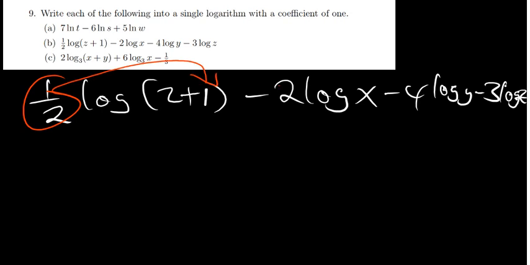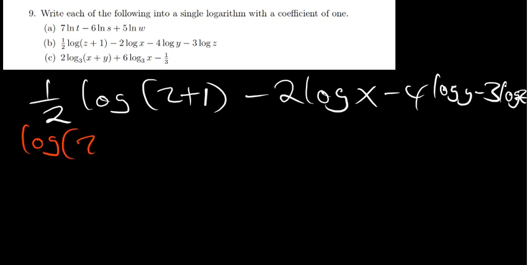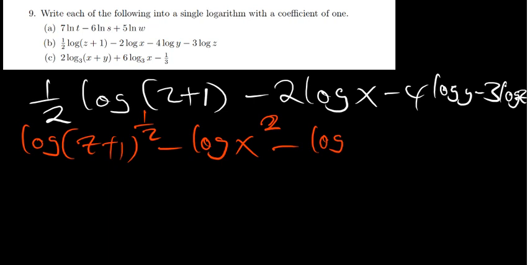They have to be on top there. They have to be now the power. So I'm going to say I have got log z plus 1 raised to the power half minus log x to the power 2 minus log y to the power 4 minus log z to the power 3.